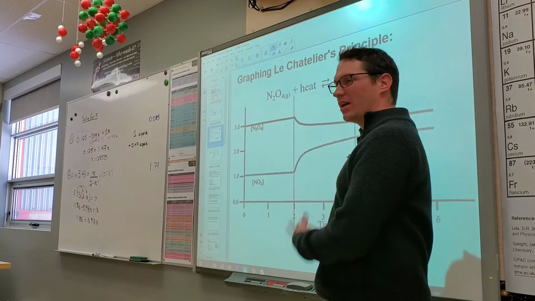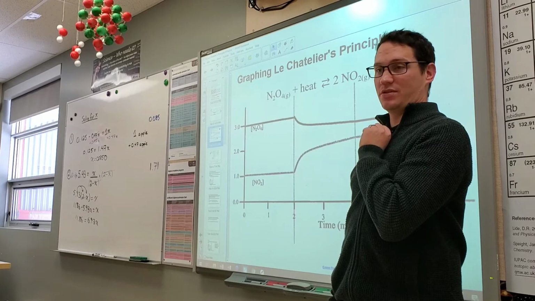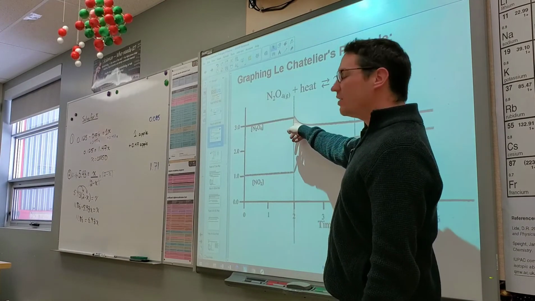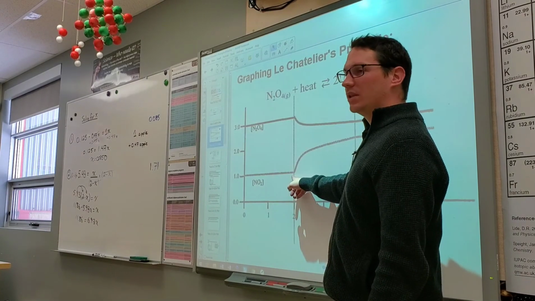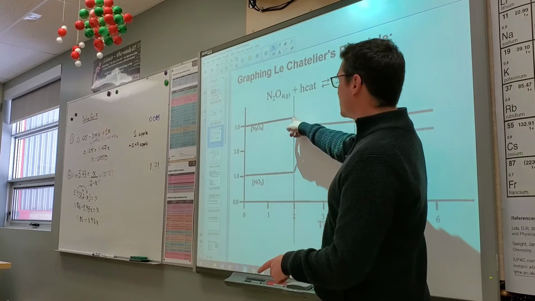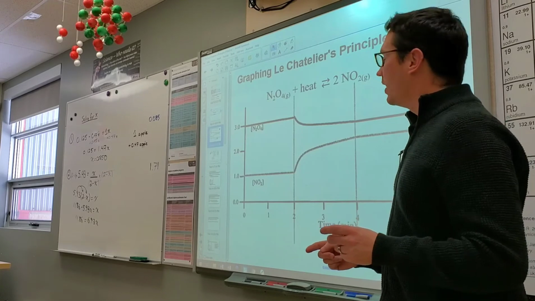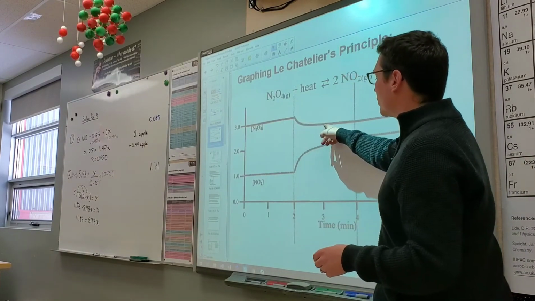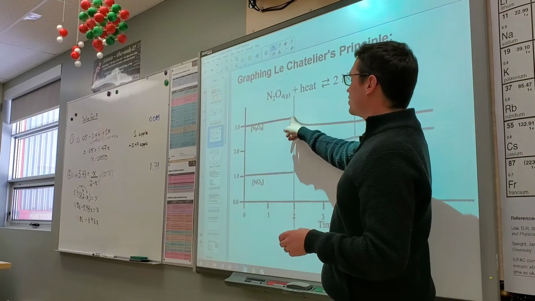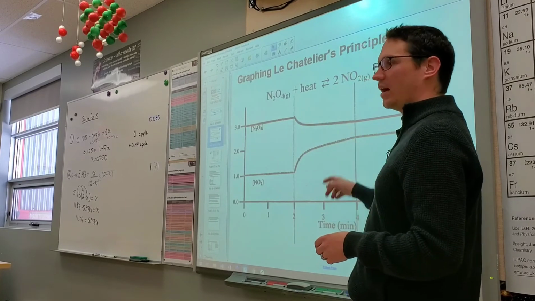It's not on my slide, but we increased the temperature, and when we did, we threw this system out of equilibrium. If you gave it more time, does the system immediately get back into equilibrium? No. It slowly gets back into equilibrium over time. The concentrations change really rapidly at first, and then they start to slow down.